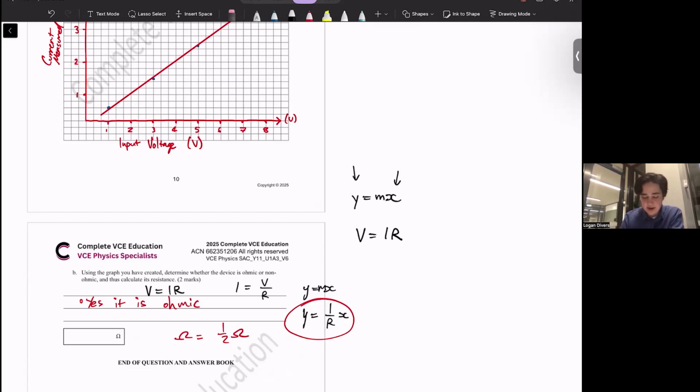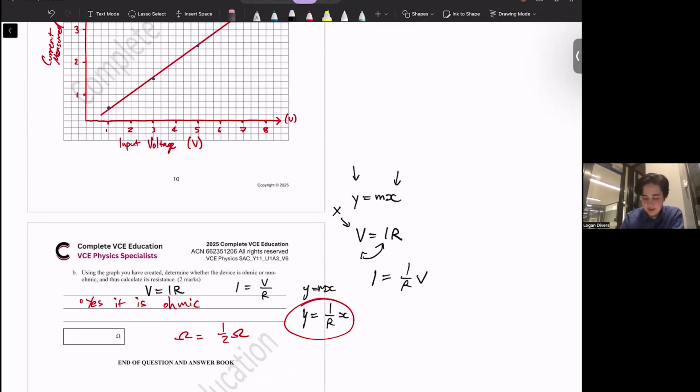Now the issue with that is that V is clearly not the y-axis, because it says current measured on the y-axis. That would be I. That means we have to swap these around, and then we'll be left with I equals 1 on R times V. And that looks a lot more like y equals mx.